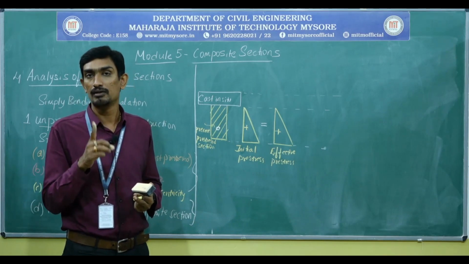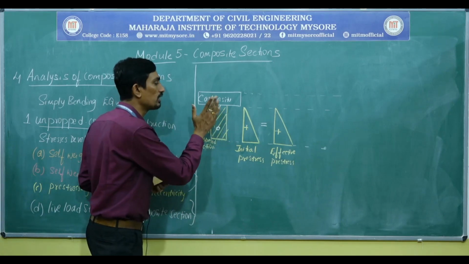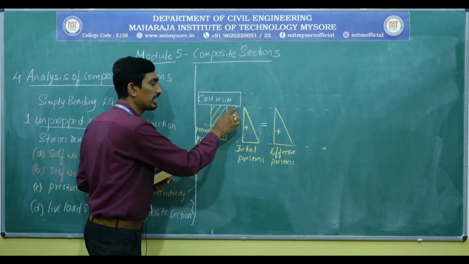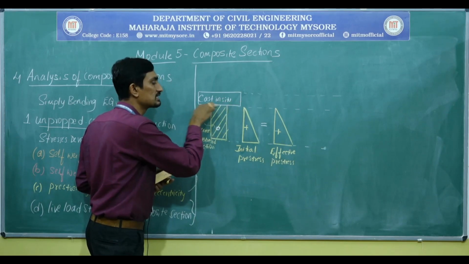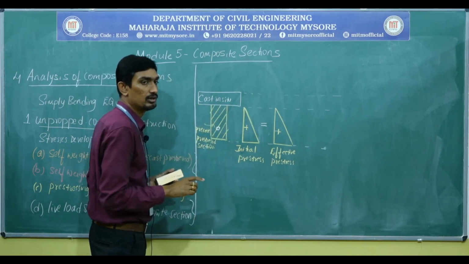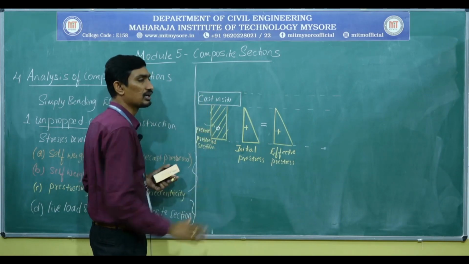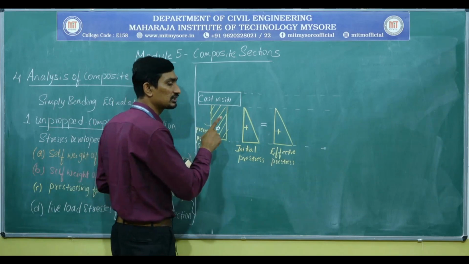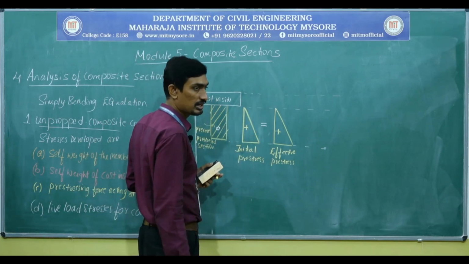Please note this very important point: I am going to induce the pre-stressing only in the precast. So that's why I am going to limit the stress diagram to this level. This pre-stressing force is induced only in the precast, hence the stresses encountered will stop at this junction. Is it clear?